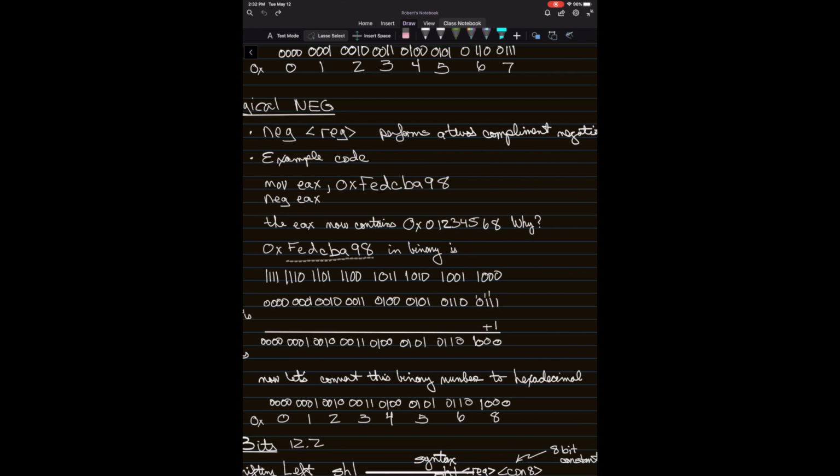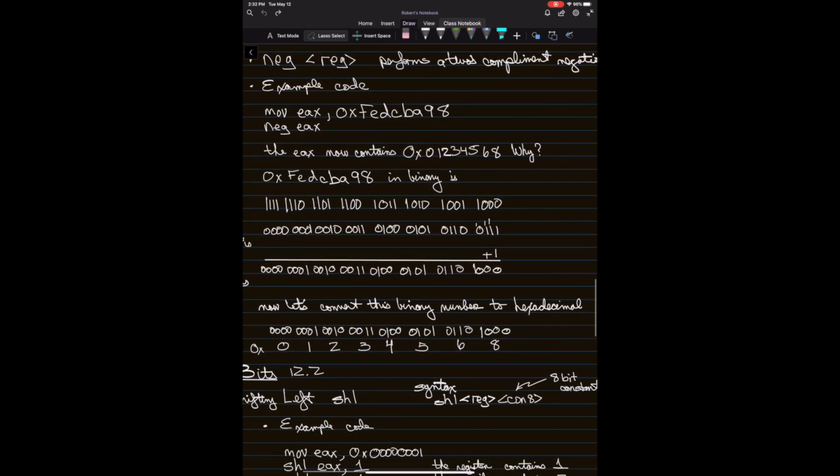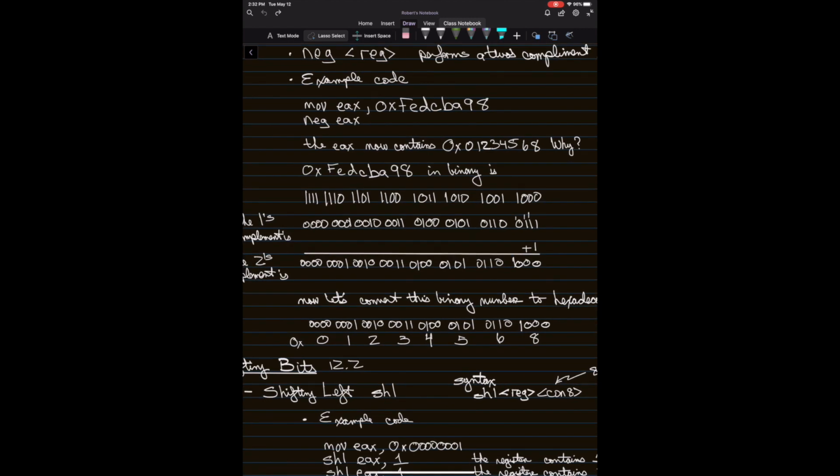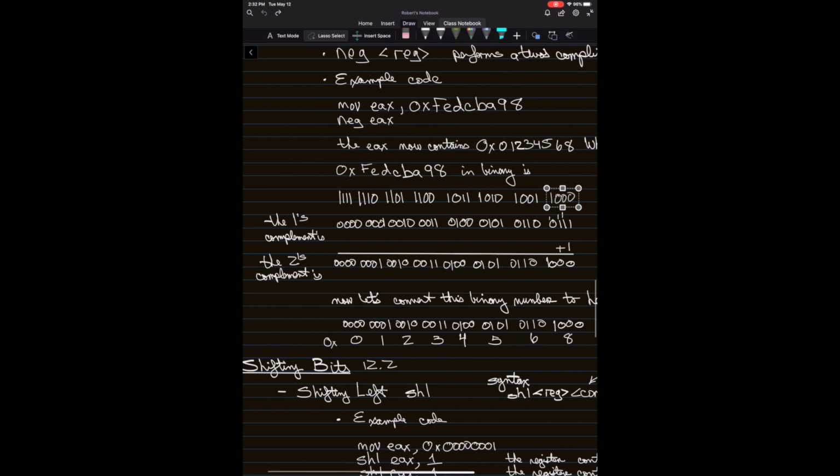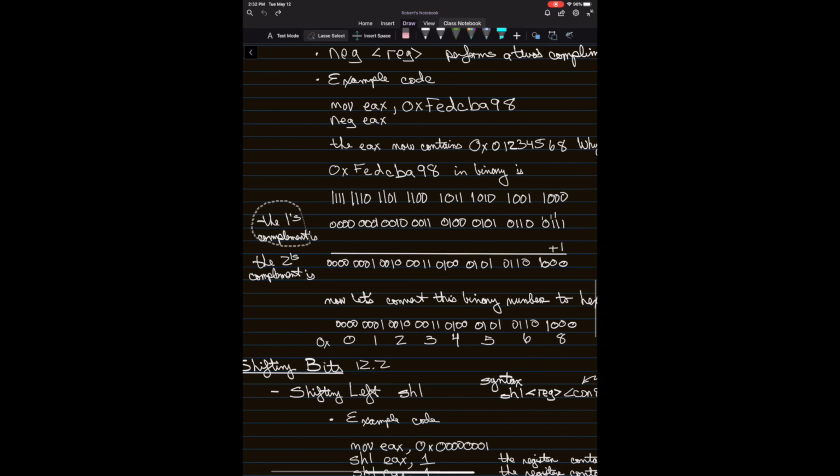So here it is, and now we're going to convert that into binary. If I'm going to convert that into binary, F is 1111, E is going to be 1110, and so forth and so on. 8 is going to be 1000. Once I've converted that into binary, now I'm going to perform the ones complement. And the ones complement, as you'll recall, is nothing more than flipping the bits.